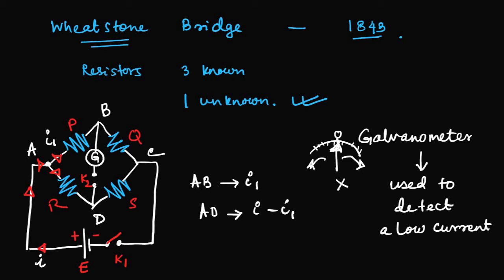Now again I1, when coming to B, will again be divided into two parts. So again I am mentioning these two parts. I1 getting divided into two parts at point B. One is along BC. What would it be? It would be I1 minus Ig, and you know the current direction.